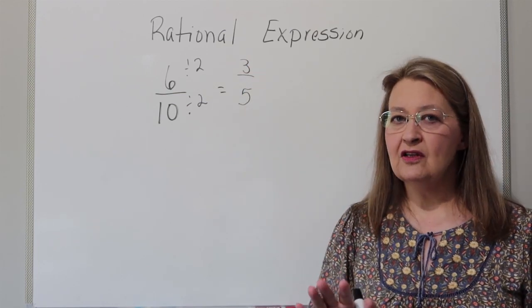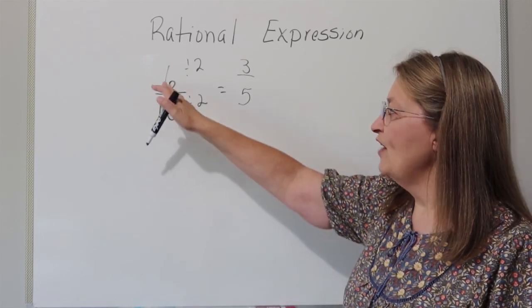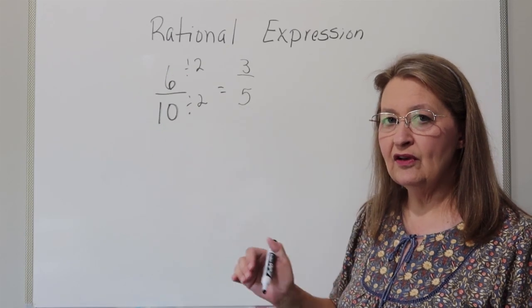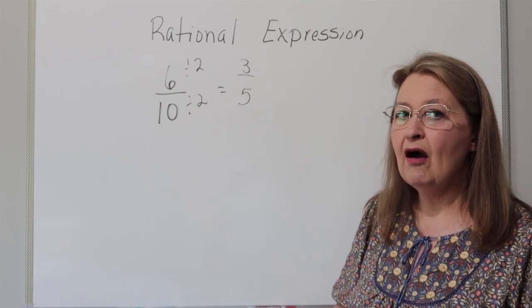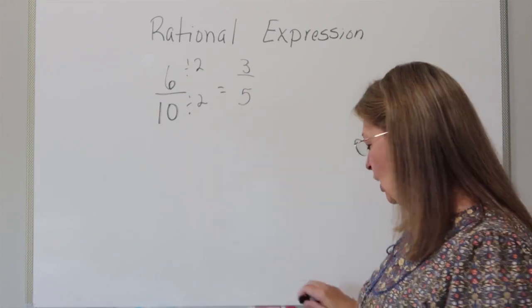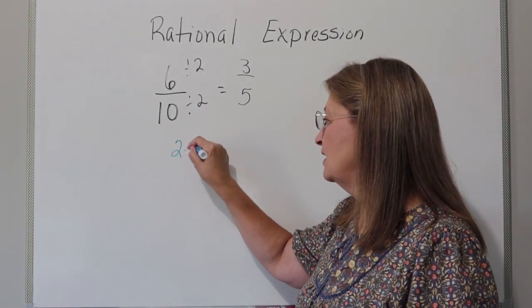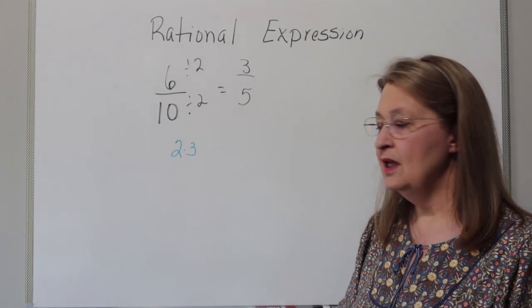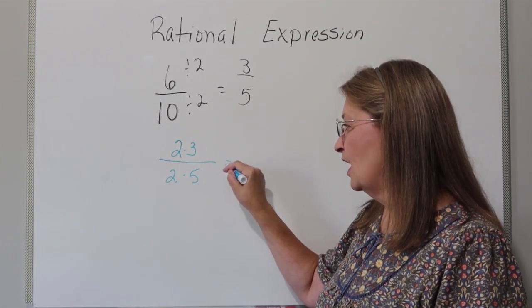But I want you to look at this another way. What you actually did is you factored the numerator and the denominator into a set of factors that had a common number. So for example, 2 went into both of these. What you actually did is you said, okay, 6 is equal to 2 times 3, and 10 is equal to 2 times 5.